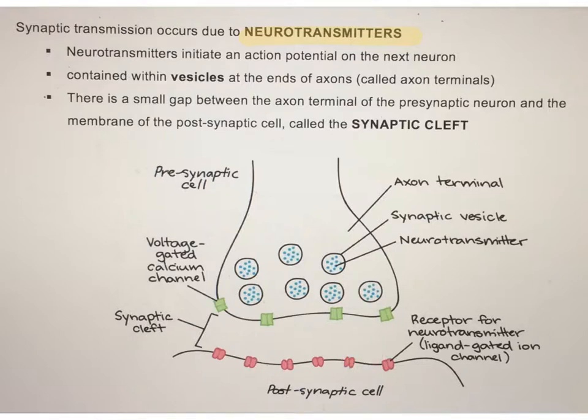There's a small gap between the axon terminal of the presynaptic cell and the postsynaptic cell, called the synaptic cleft. That's where the neurotransmitters end up going.